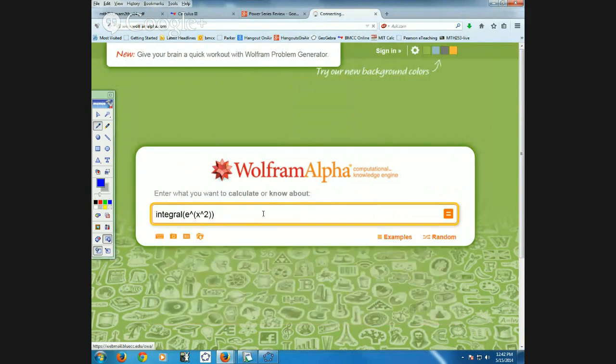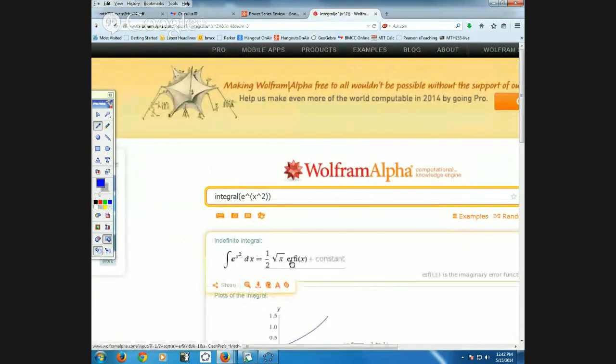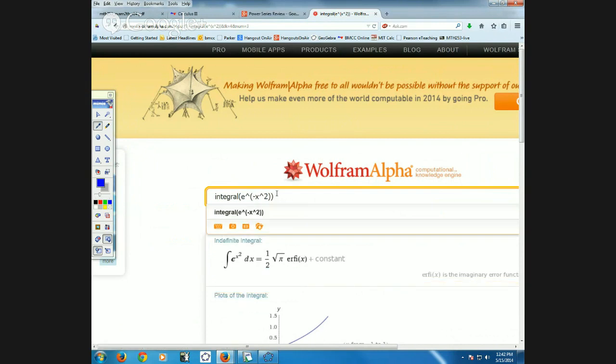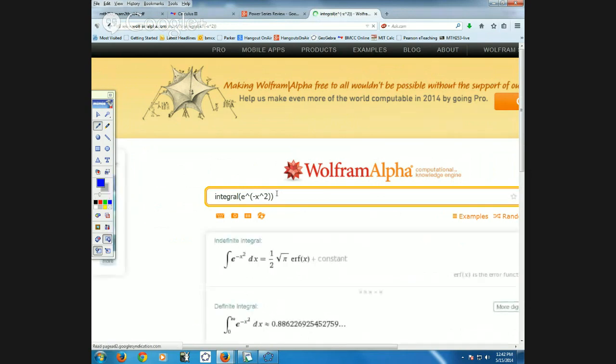And it gave me something here. It's calling it the erfi function. It's the imaginary error function. There's another one called the error function, and you get the error function if you make the x squared negative.